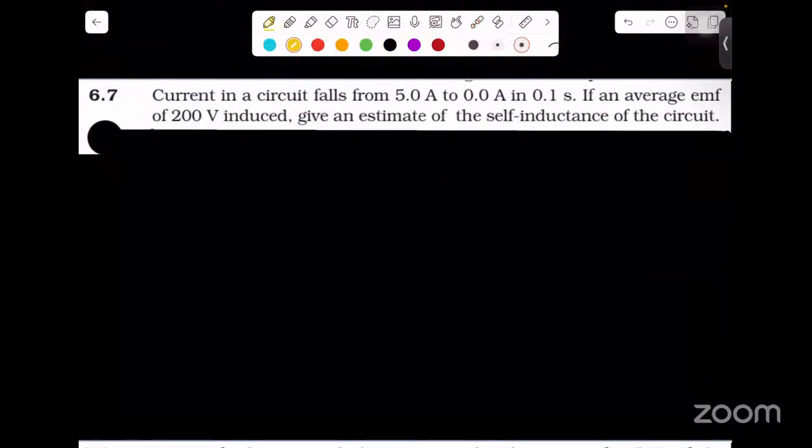Okay. So we have been told that the initial current is 5 amperes. The final current was 0 amperes in a time gap of 0.1 seconds.